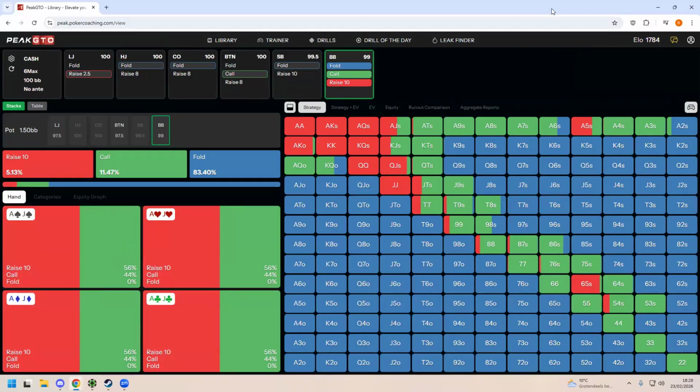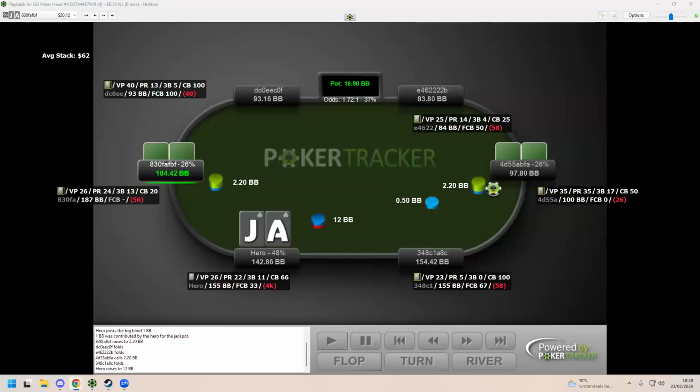We notice when the button folds and it's going to be heads up versus low jack, ace jack suited is a pure call. Once we get the limper in there, that's where it starts to squeeze.